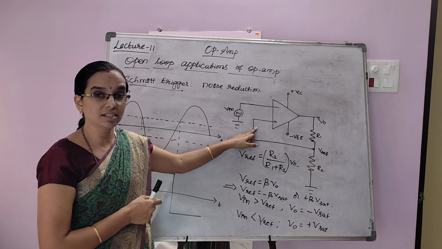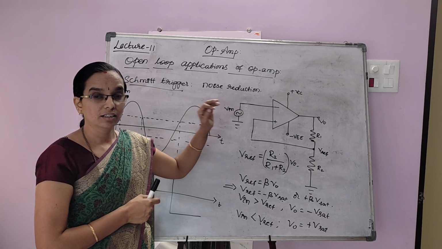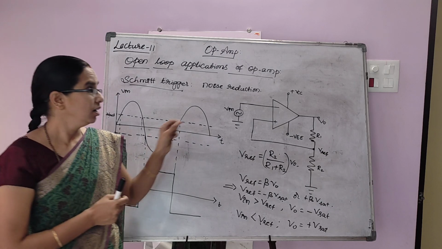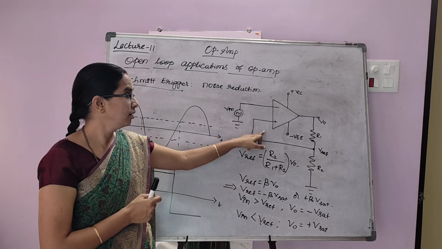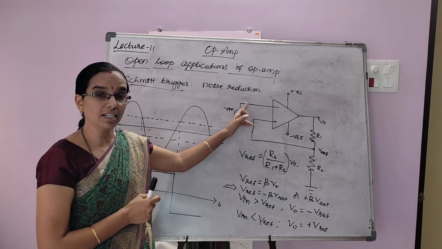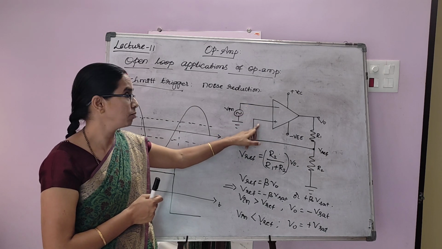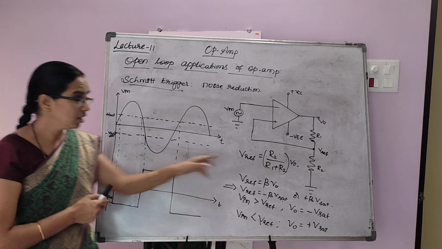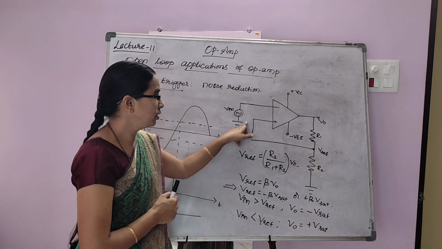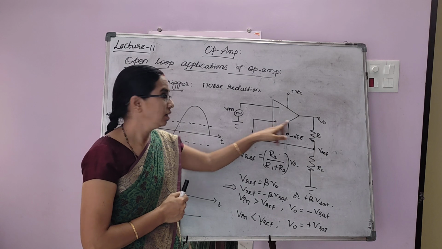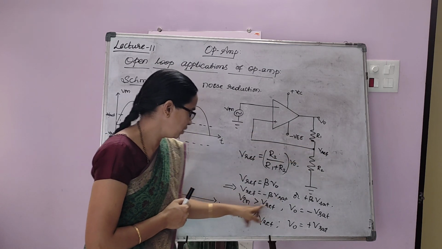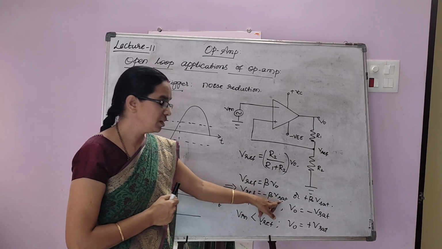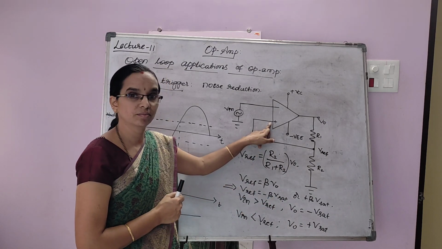Whenever it compares the temperature with the reference temperature, if the temperature exceeds the reference temperature, what happens? The output will reach the negative saturation, and that negative saturation is given to the feedback. Negative saturation, that is minus beta V saturation, is given here.